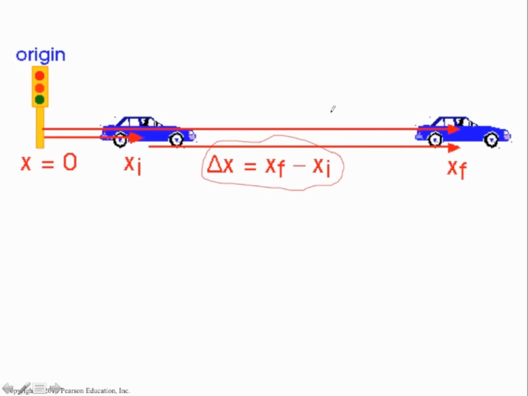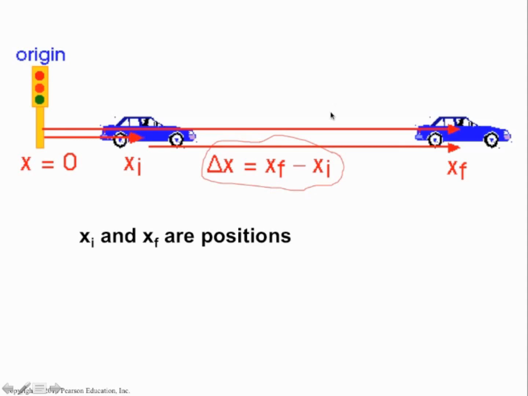And delta x is the difference between the final position and the initial position. Now, delta, you should keep this in mind, is always final minus initial. It's not initial minus final. All right, so anytime you see delta, you should automatically think final minus initial.